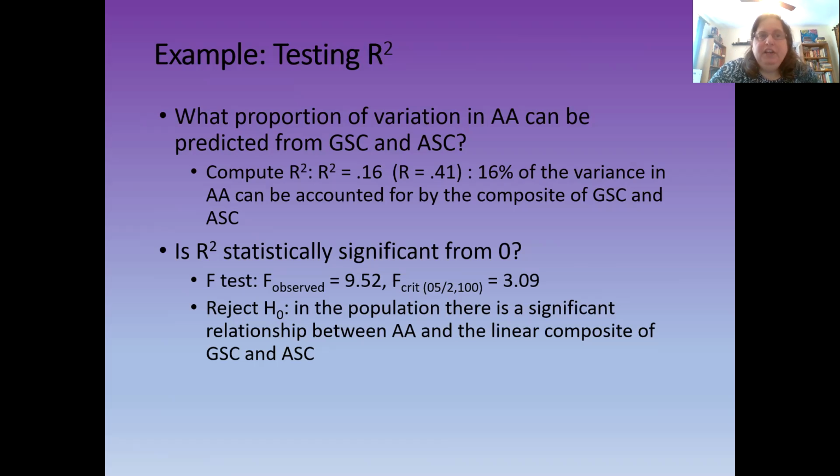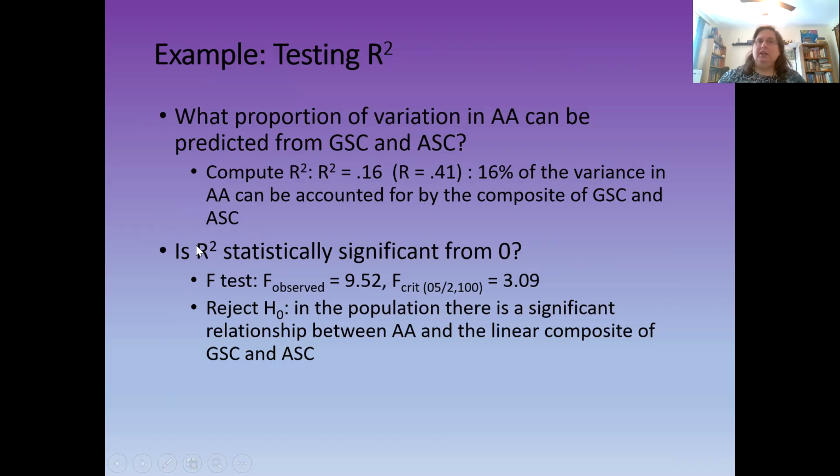What proportion of variation in academic achievement can be predicted from GSC and ASC? So we found in the model that R-squared equals 0.16 or R equals 0.41, or 16% of the variance in academic achievement can be accounted for by both GSC and ASC.